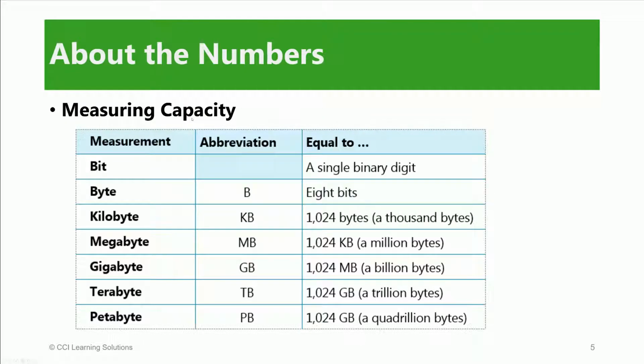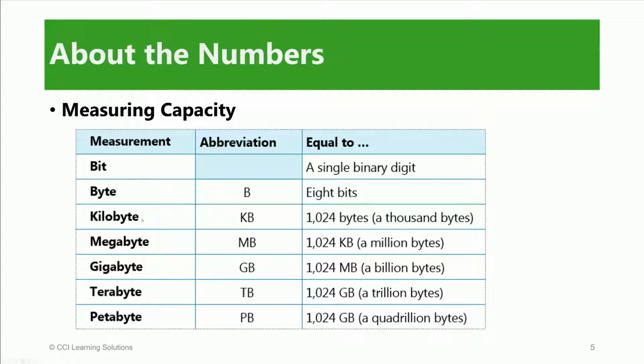Measuring capacity. So this is what you typically see for your files and your hard drives or anything that stores information. So you start off with bit, which is a single binary digit. You have a byte, which is abbreviated by B, which is 8 bits.